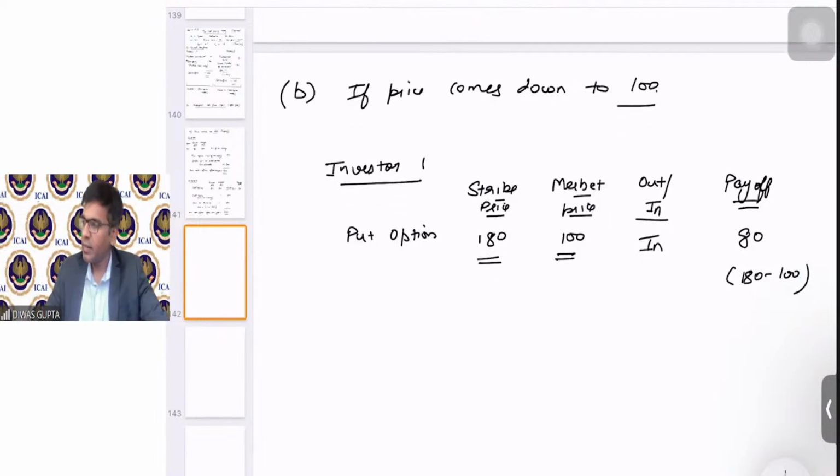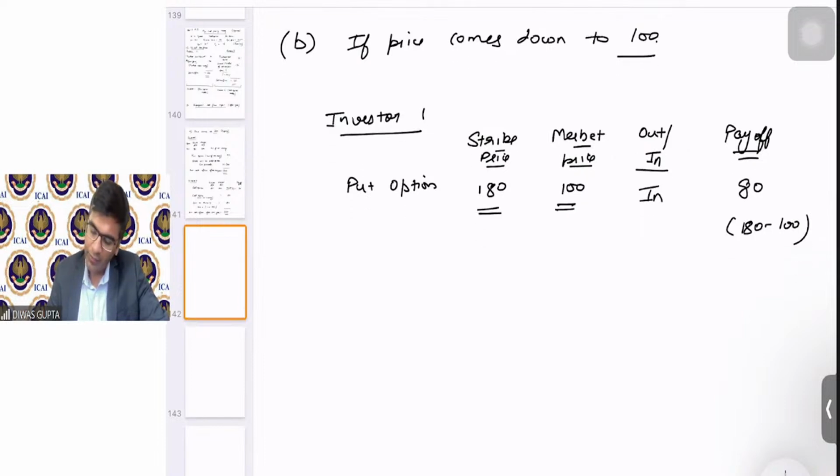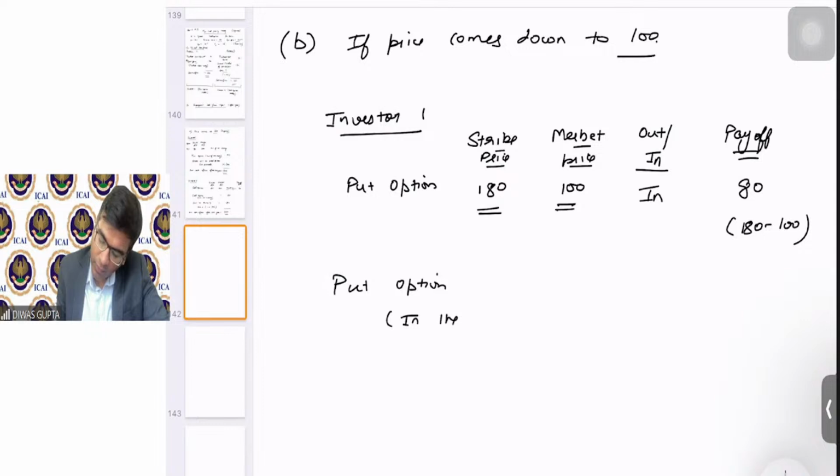Yes, students. Thank you, Suraj, Tanisha, Mansha, Namrata. All of you are correct. So for investor 1, let's come to the put option. It is in the money and this person will get 80 rupees. Correct?